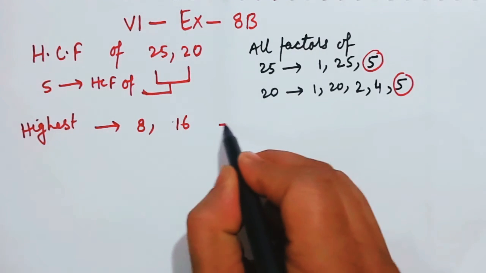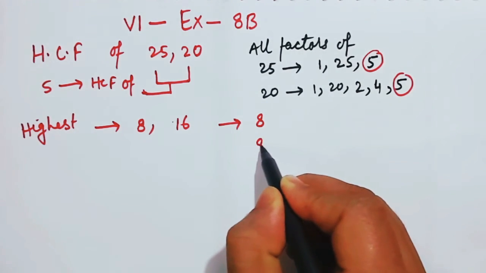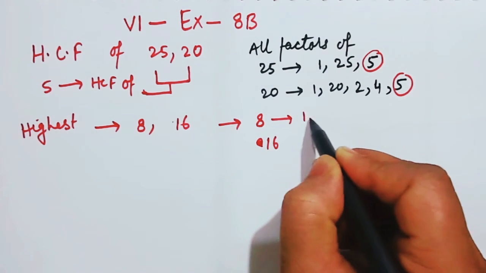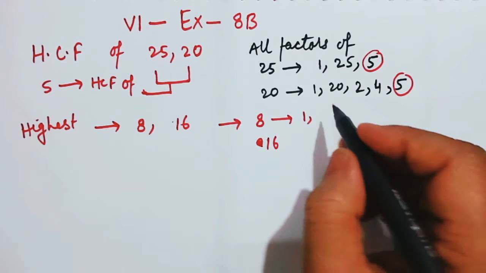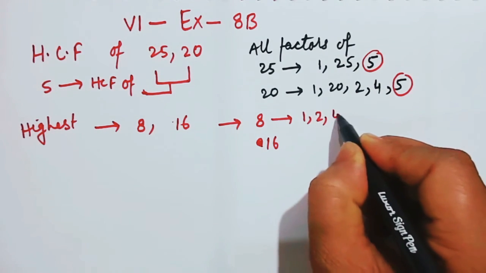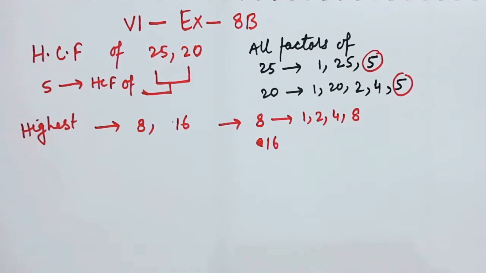Similarly, I'll have to find the factors of 8 and the factors of 16. The factors of 8 will be 1, 2, 4 and 8.